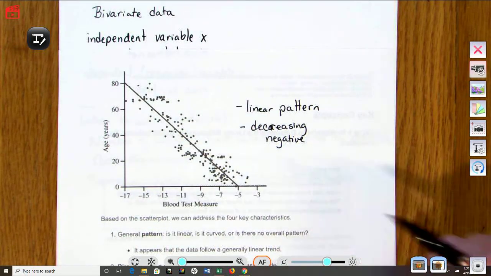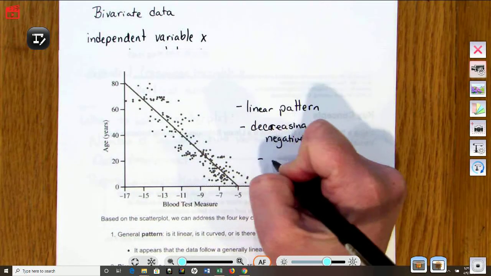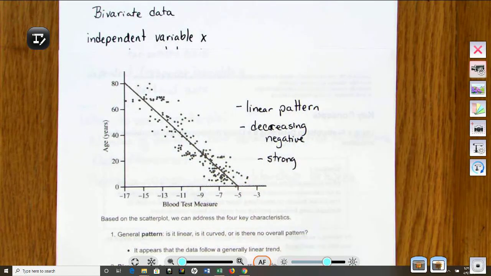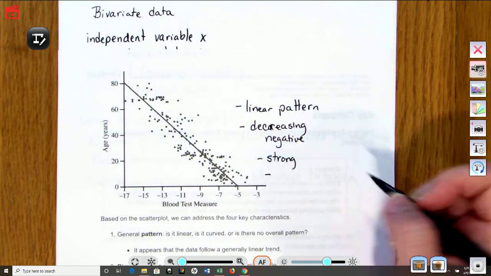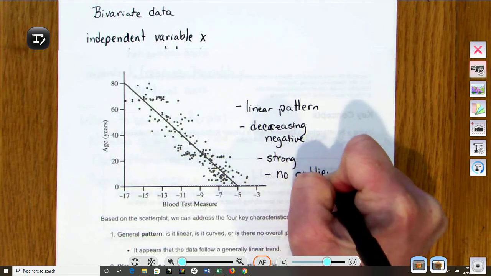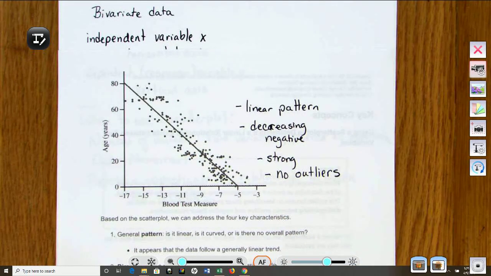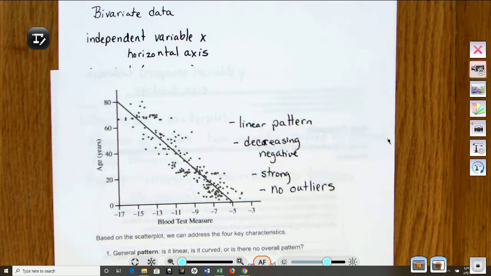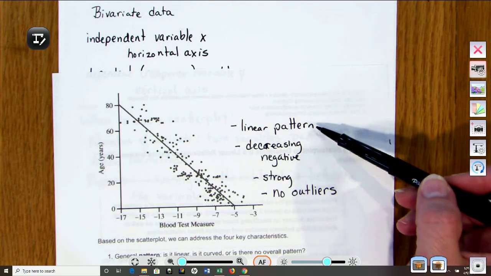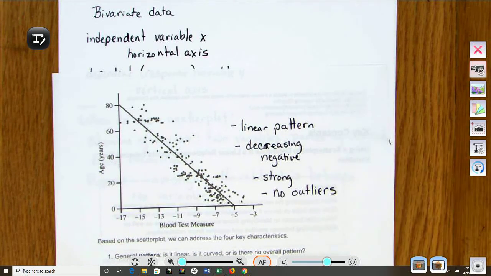I would say this is a strong relationship because those points are pretty close to that line. They're pretty closely grouped. If I'm looking at this graph here, I don't see any outliers. I don't see a dot way off in the middle of nowhere. So that's the things we're going to be looking for at this point. We can get an idea of what we mean by linear, curved, strong, and so forth.